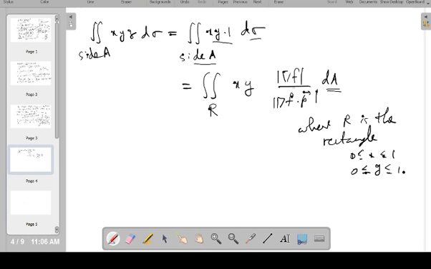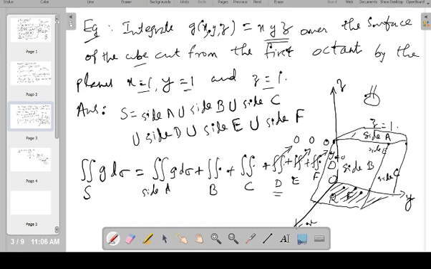Now what is f? F is the surface z equal to 1. Here this is the surface I am looking at. The side A is my surface for the time being. So the surface is f of x, y, z equal to z equal to 1. So what is del f? Del f is precisely dou f by dou x, dou f by dou y and dou f by dou z.